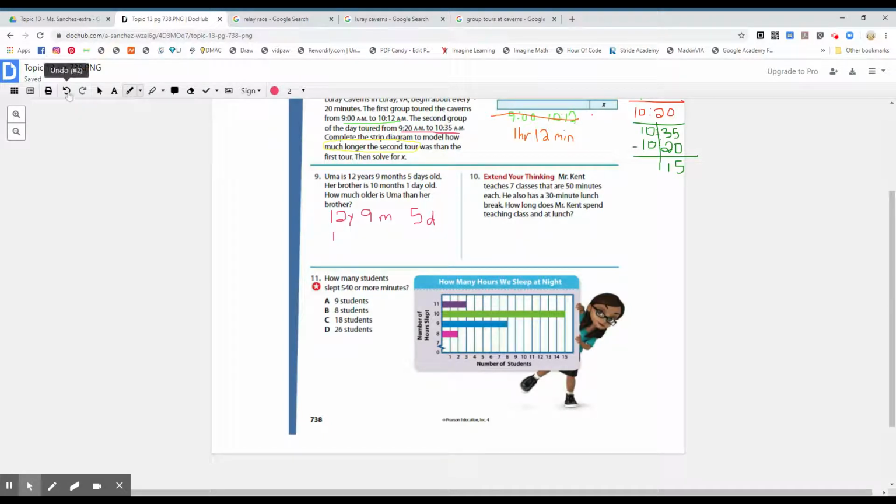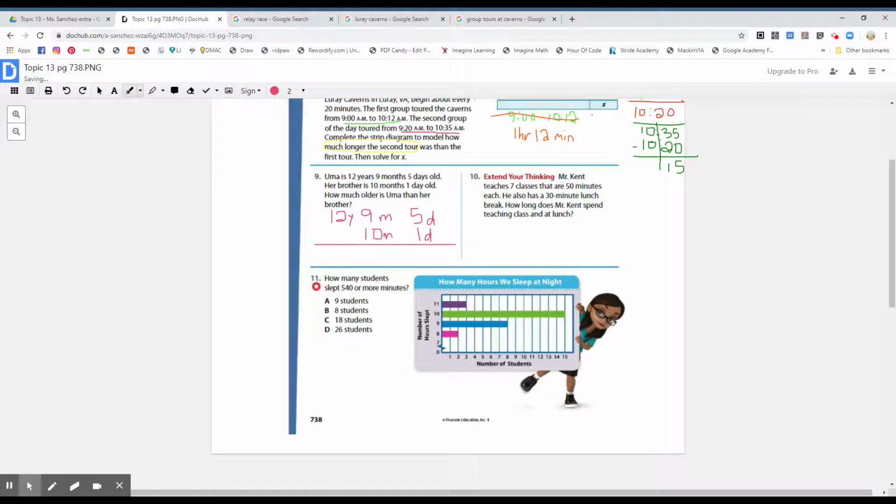Oh, he's not put in the wrong unit, boys and girls. 10 months and just 1 day. Okay. Oops, I don't like my line like that. Let's try again. 10 months, 1 day.